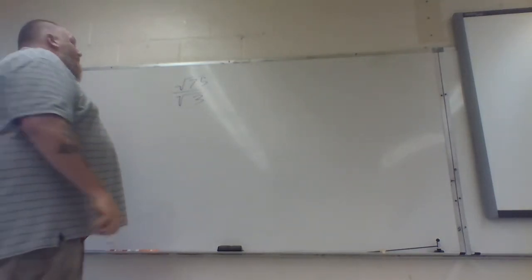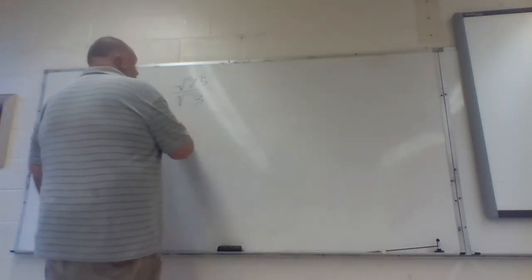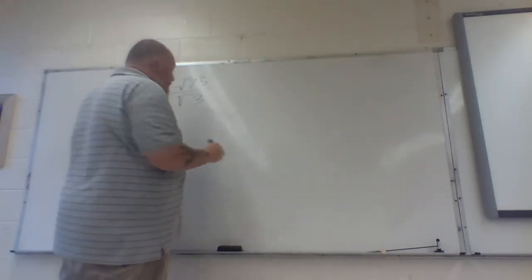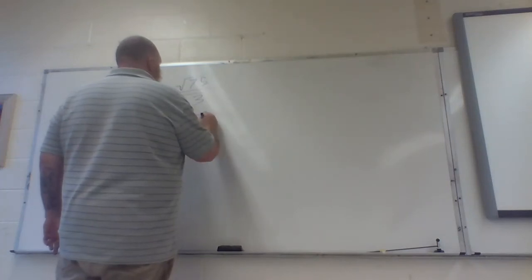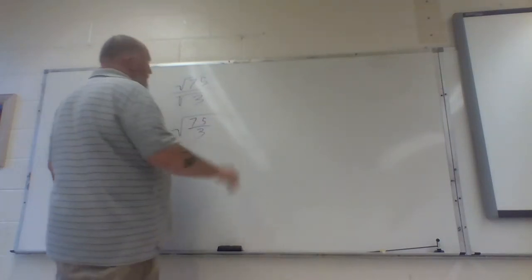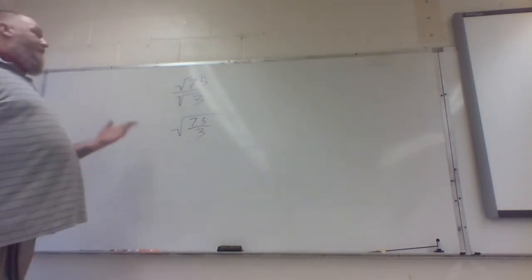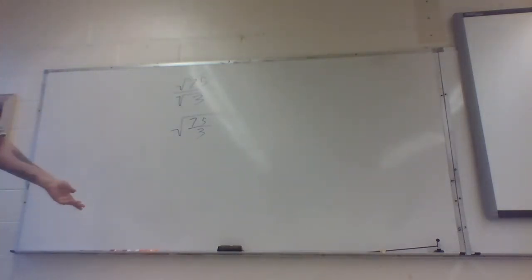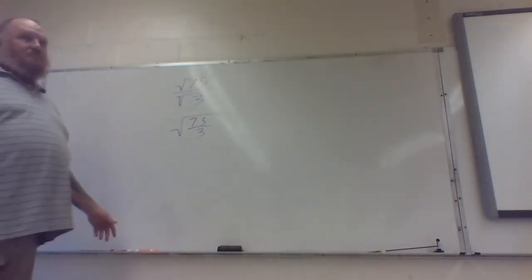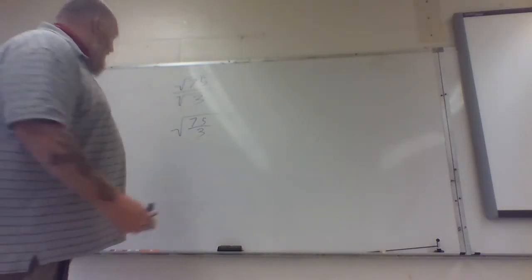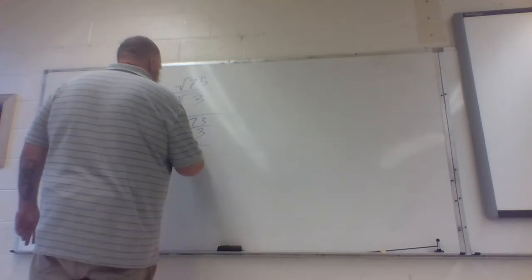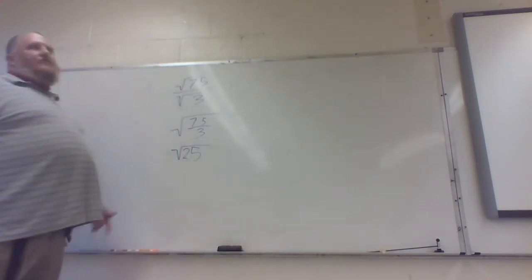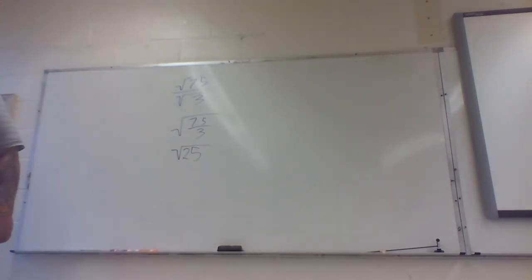Now our next step is going to be to combine these just like we did with multiplication. So you're going to get the square root of 75 divided by 3. Okay? 75 divided by 3 is 25. And the square root of 25 is 5.